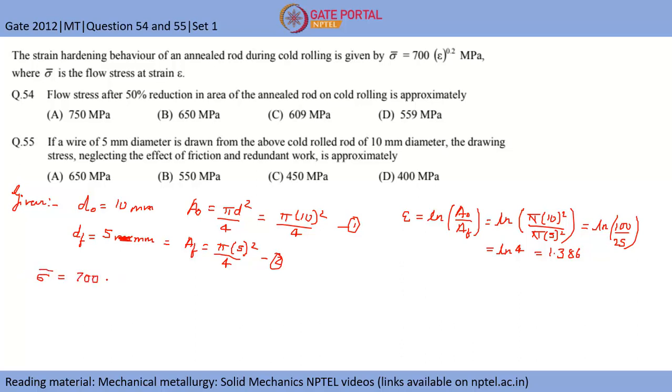For that we have the equation, 700 into 1.386 raised to power 0.2, which comes out to be 700 into 1.067, which is equal to 747 MPa.